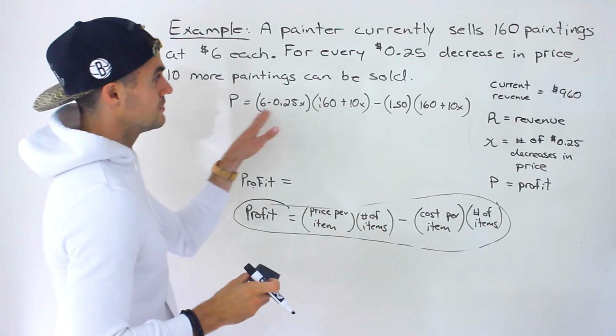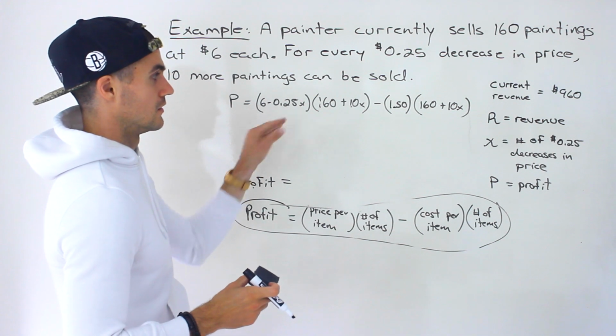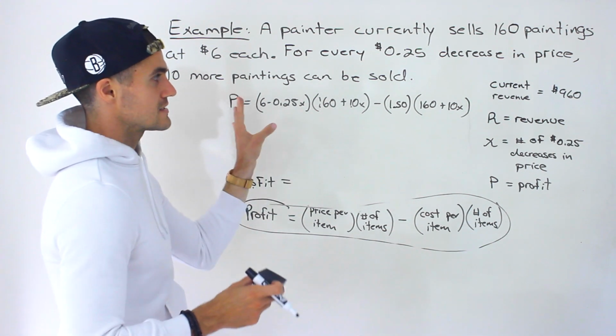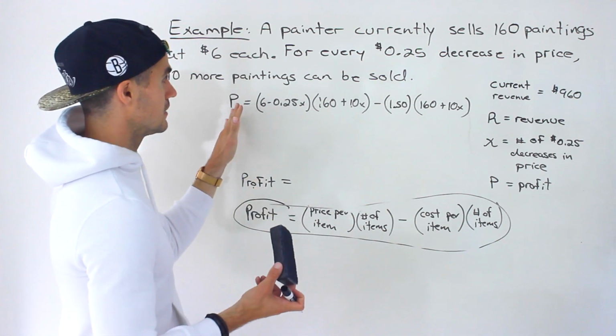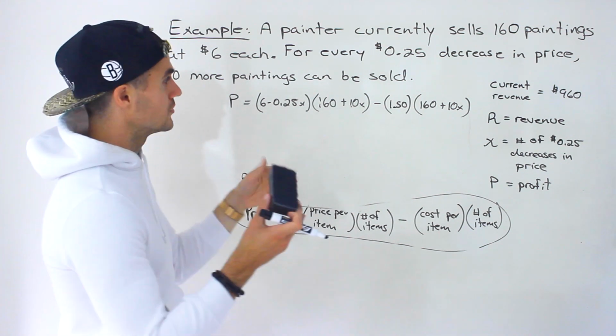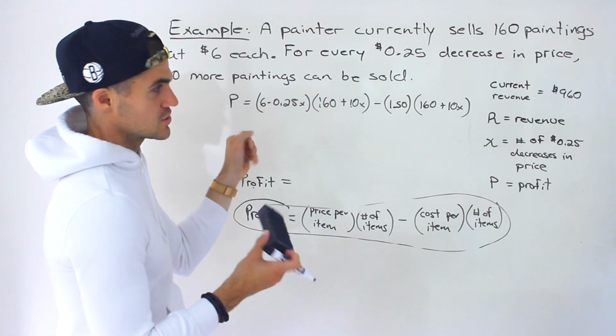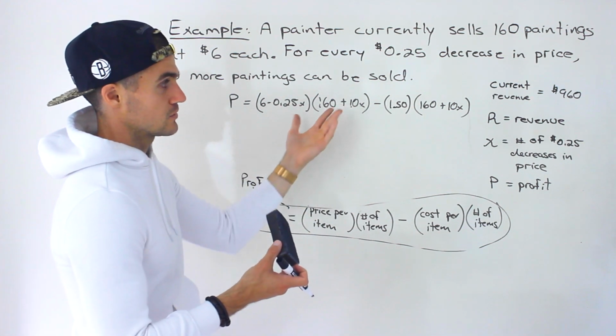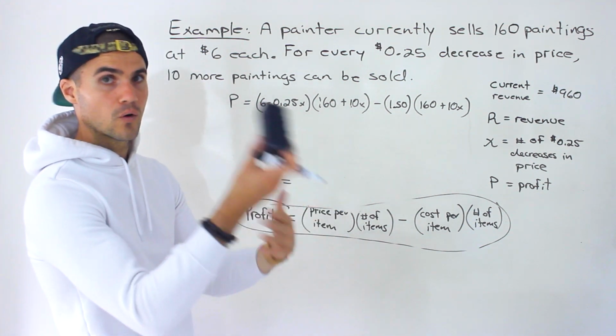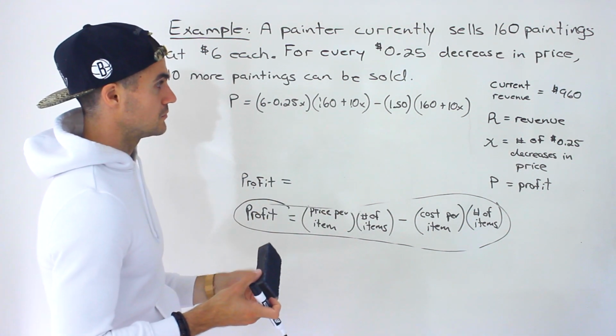Right, so coming up with this is the toughest part. Because once we have this, everything else is easy, because then you could just forget about the word problem even, and look at this as just a straight quadratic. We're going to have to expand everything, get it in standard form, then get the vertex form by completing the square.